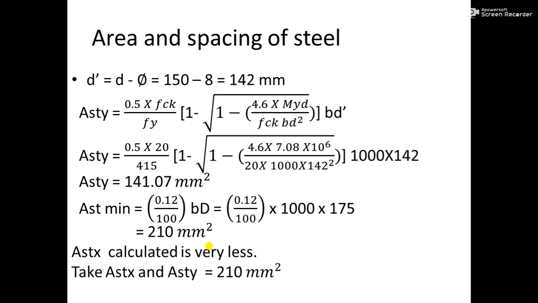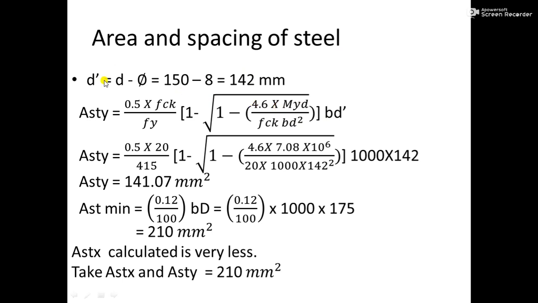So for the steel along x direction d is taken for calculation, but here you have to consider it as d dash, considering the depth of the bar which is provided below the main steel.